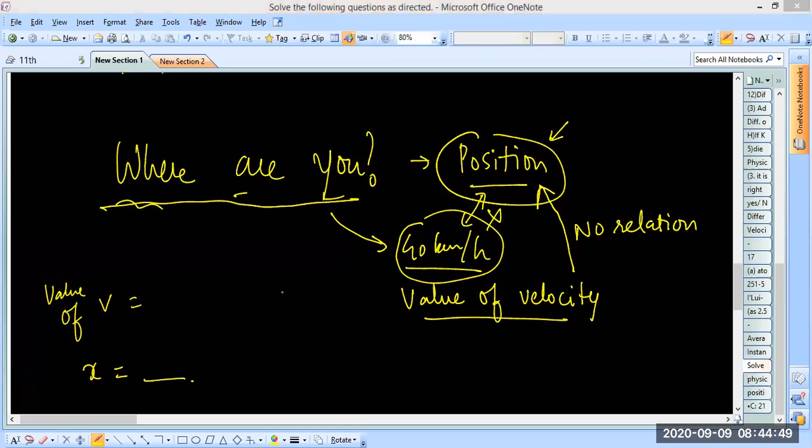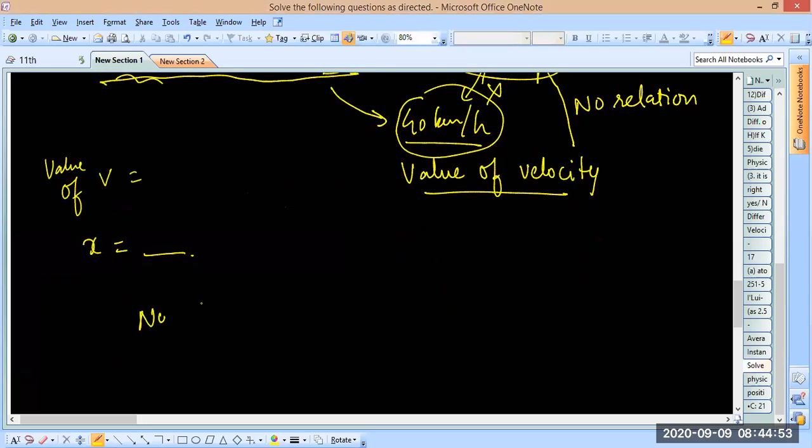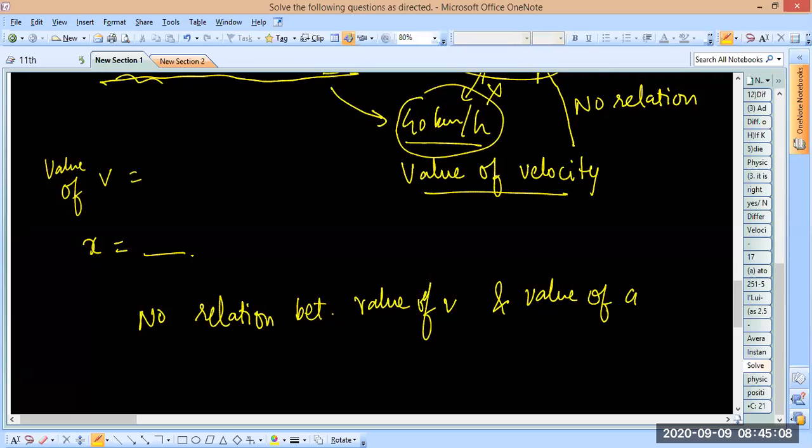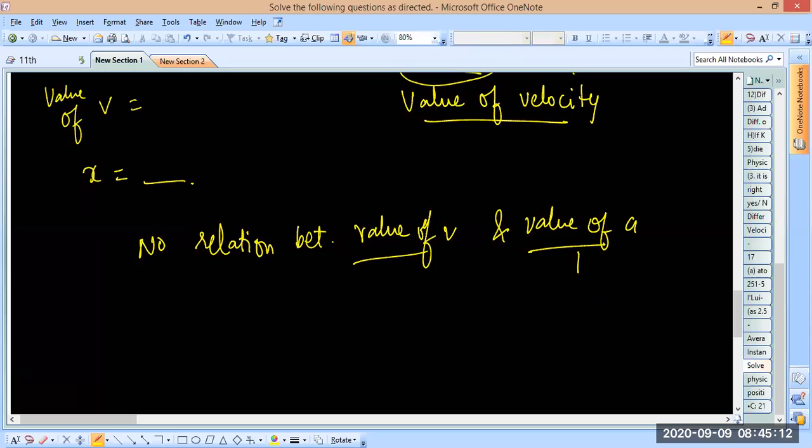Just like that, there is absolutely no relation between the value of v and the value of a. Now before you misunderstand this, let me explain. If someone tells you that a is 0 and immediately asks you what is v, this information is not enough.